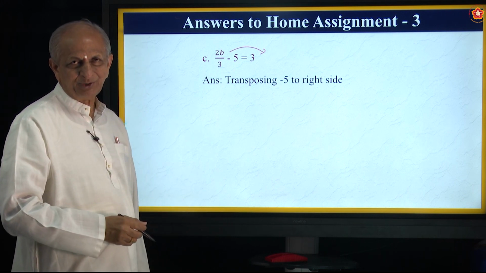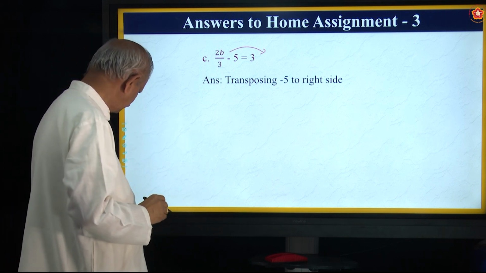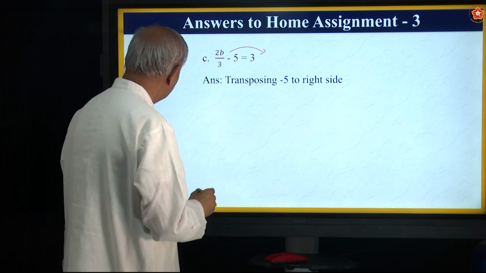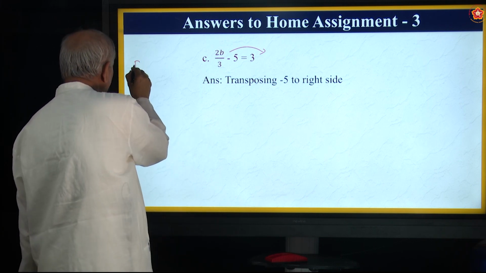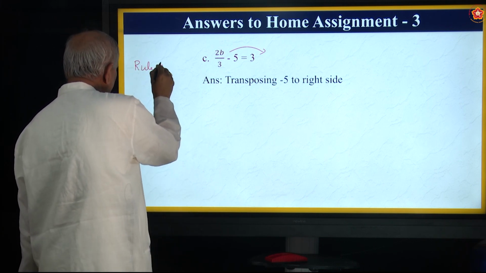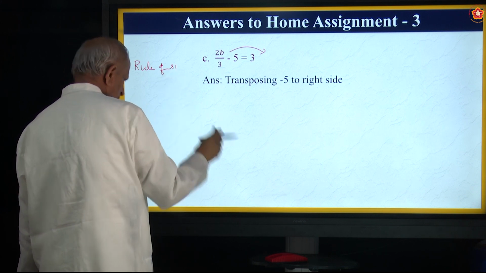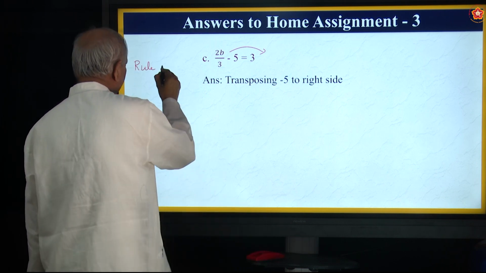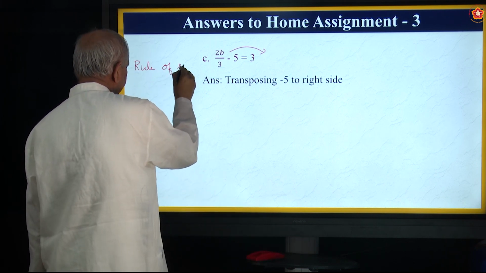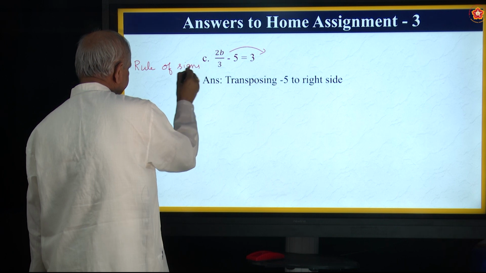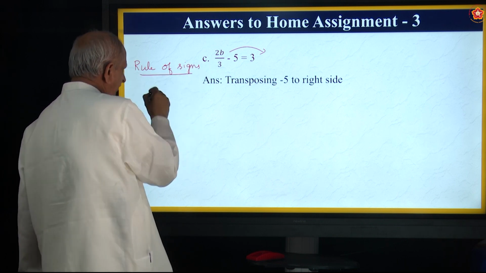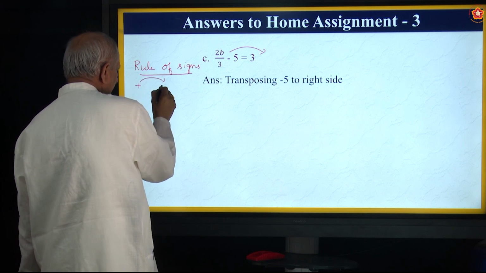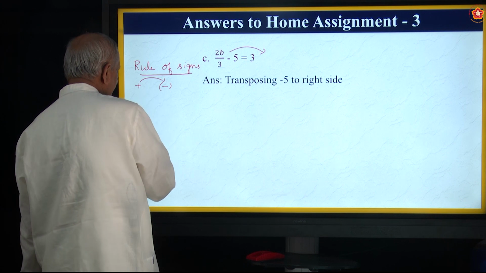While transposing, you must know again the rule of signs. Come on, tell me the rule of signs. Rule of signs for transposition. Signs means plus and minus. If plus is to be transferred to the right hand side, it becomes minus.